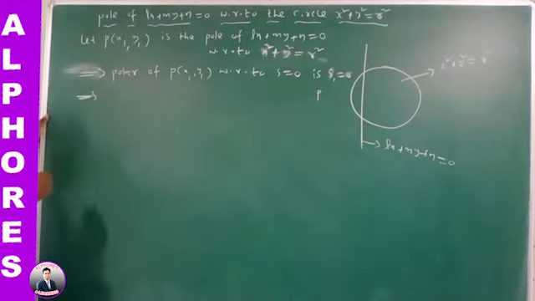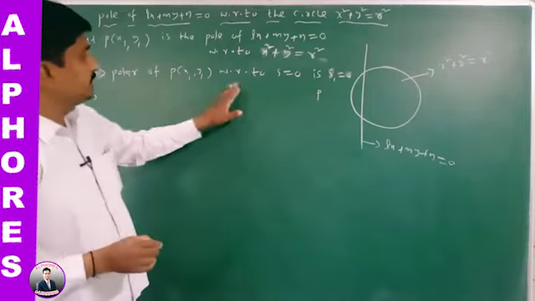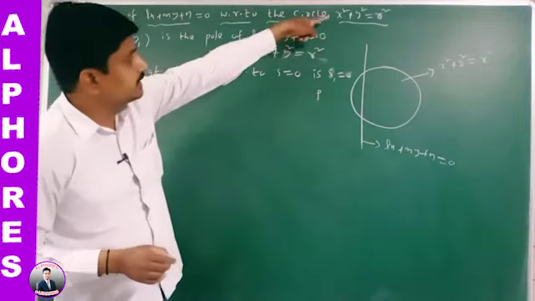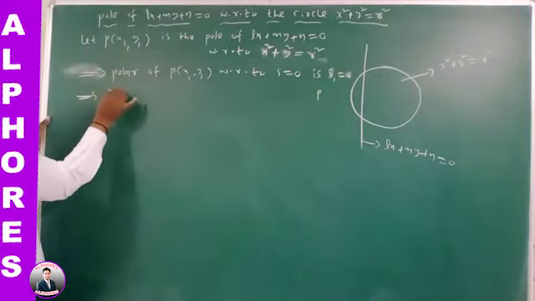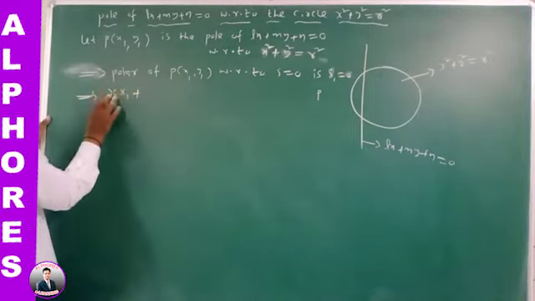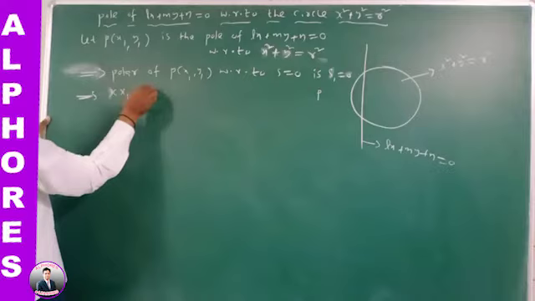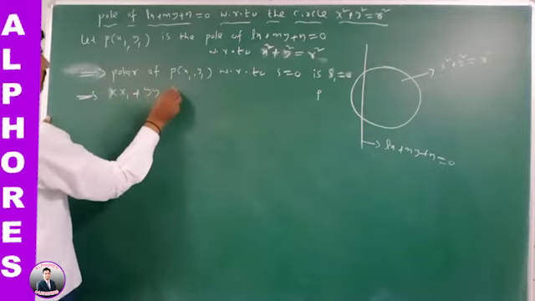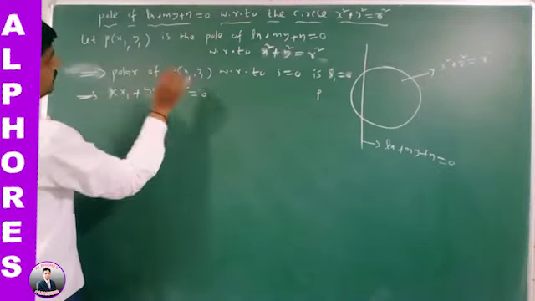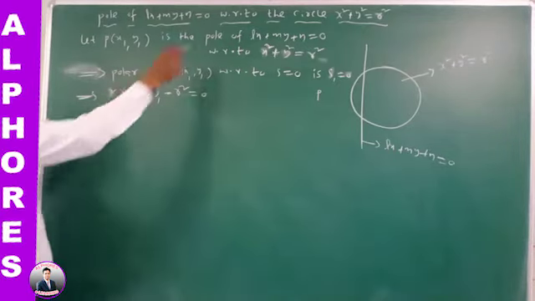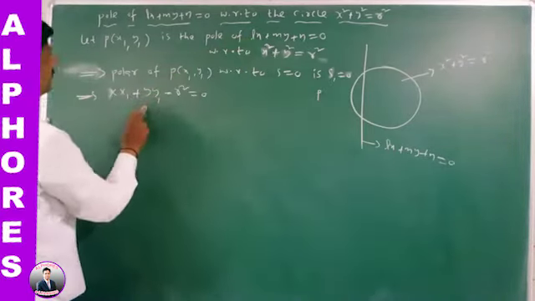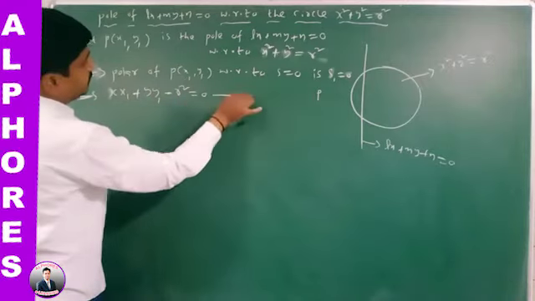Here the polar of P(x1, y1) with respect to the circle S equal to 0 is what? S1 equal to 0. S1 for the given circle is x x1 plus y y1 minus r square equal to 0. Okay, here given line and this line. So this is equation number 1.